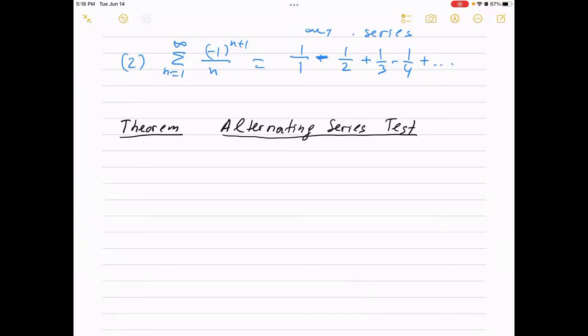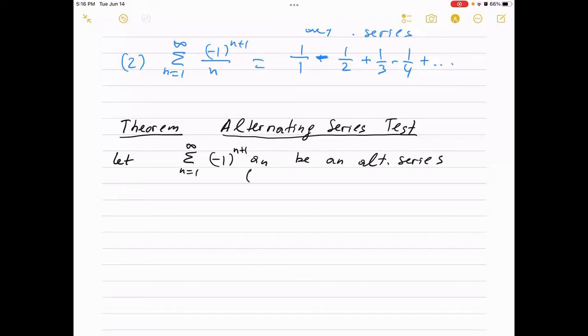Next theorem is the alternating series test, which will help us to determine if a given alternating series is convergent. So let the sum of (-1)^(n+1) a_n, n from 1 to infinity, be an alternating series.